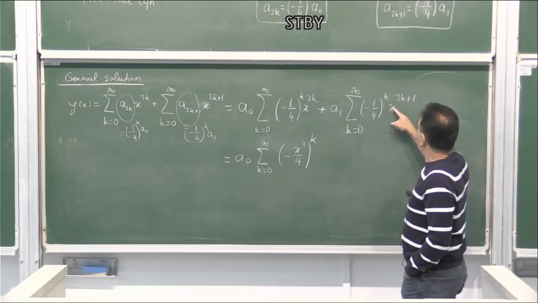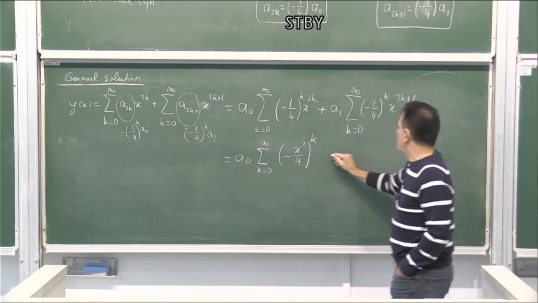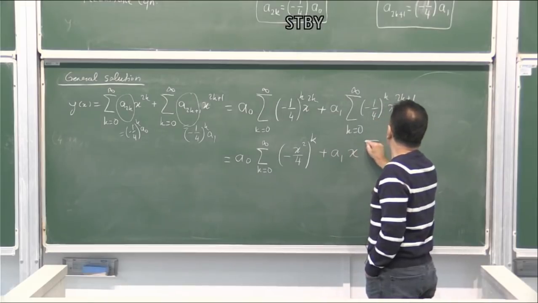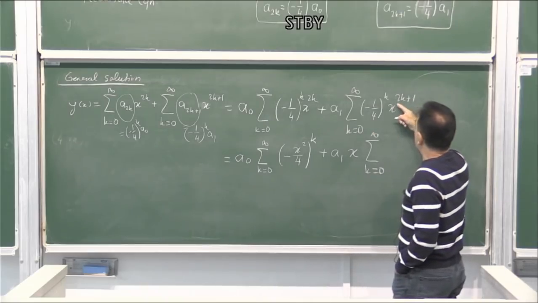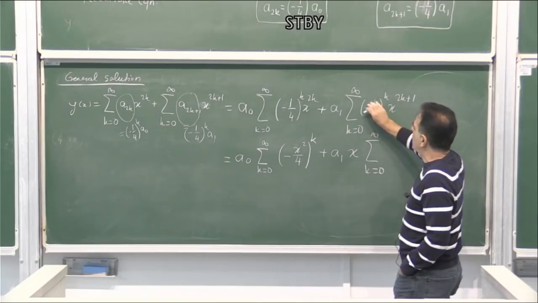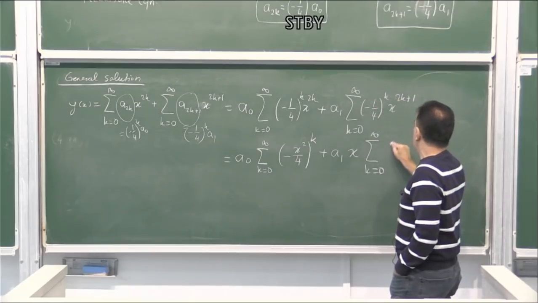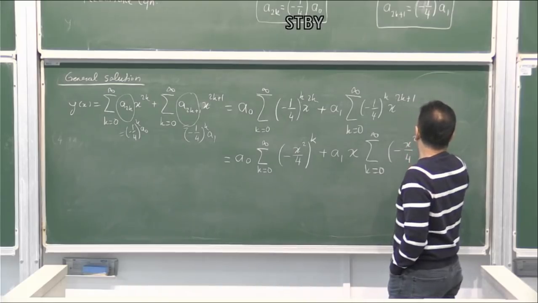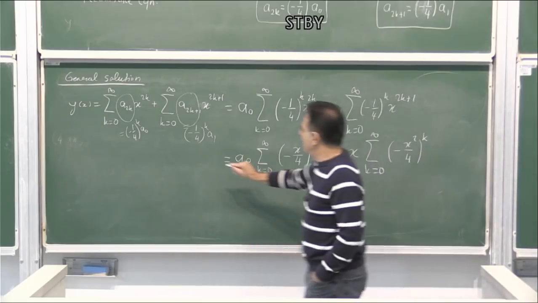And x to power 2k plus 1, so one x factor may be written outside. So we have a1 x times the sum from 0 to infinity of minus x squared over 4 to power k. Good. This is the solution.